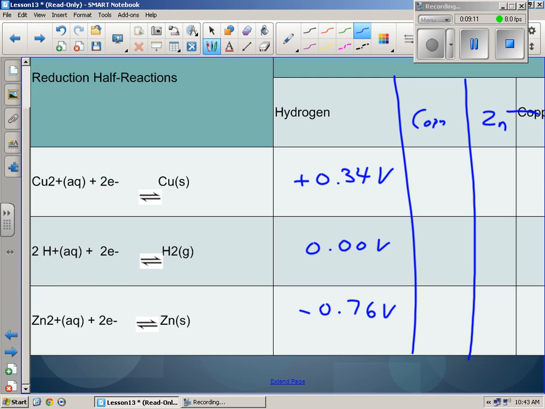Now, I'm going to change this table. Basically, I'm going to change my data booklet, without changing it. I'm going to say, what is the electrical potential if I pretend that copper is the reference half cell? So I want to reference everything back to copper now.